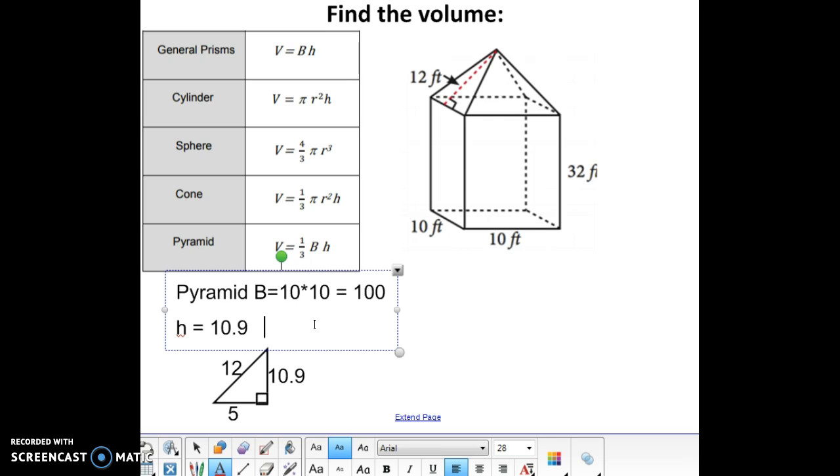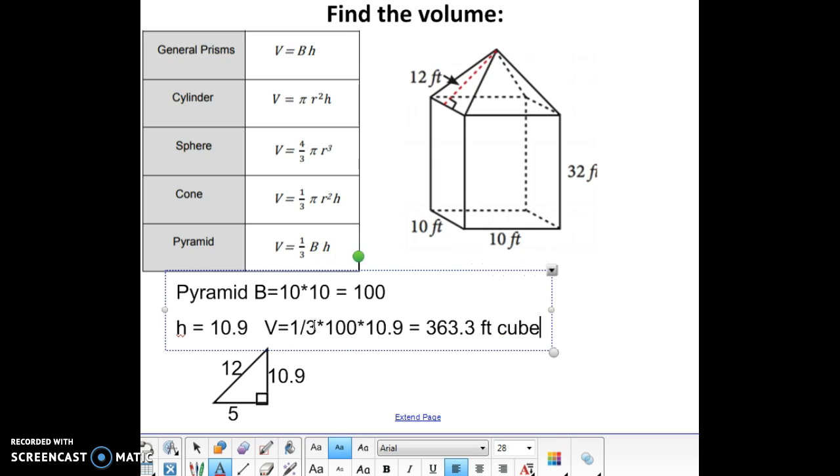So therefore the volume of the pyramid is 1/3 times the base area, which the base area we said was 100, times 10.9. And if we calculate that, we get 10.9 times 100 divided by 3 gives me 363.3 feet cubed. Okay, so that is the pyramid part of it.